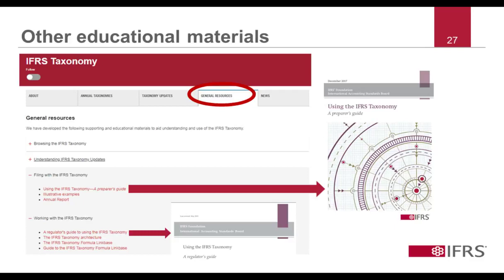A number of other resources, including educational materials, are available on the IFRS Taxonomy website page to assist in understanding the IFRS Taxonomy. This, for example, includes the recently published Preparer's Guide, but also the Regulator's Guide to using the IFRS Taxonomy. So we have published the Preparer's Guide in December 2017.